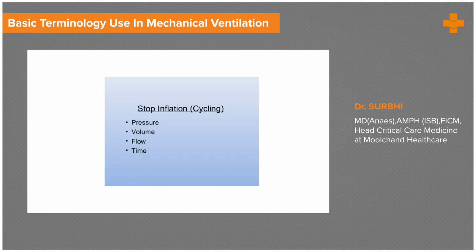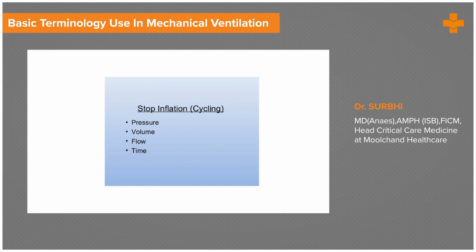So once we have started it because of the triggers, when does the ventilator stop giving the inspiratory gases? The stop of inflation, or we call it cycling, is by pressure. When a certain pressure is reached, when you set a pressure, that can stop the inflation. Or if you have set a tidal volume and that tidal volume is reached, that can stop the inflation, that is called volume cycle.